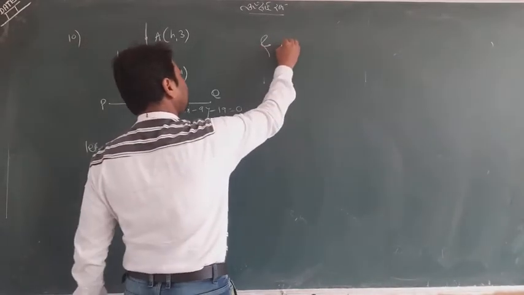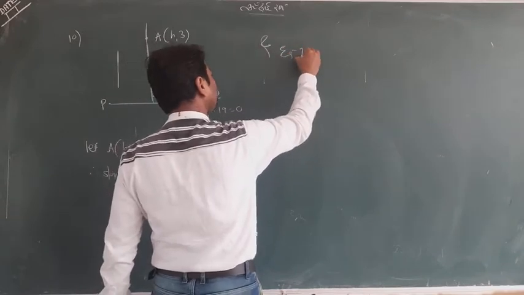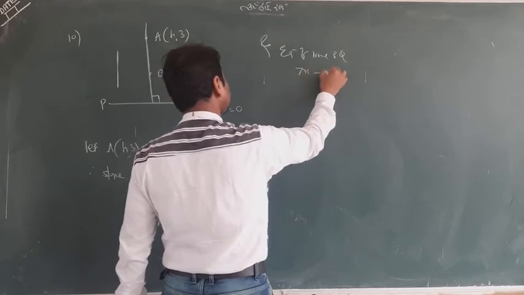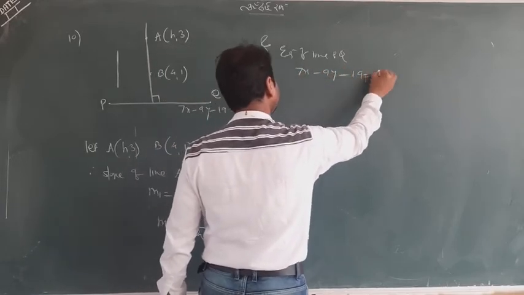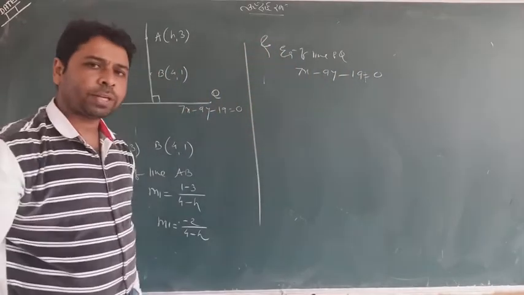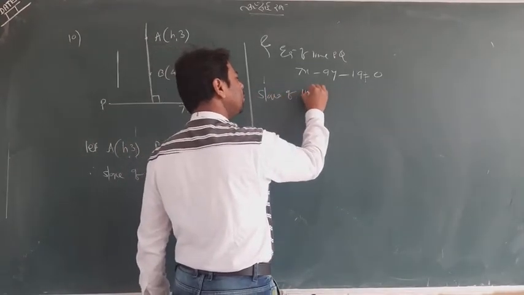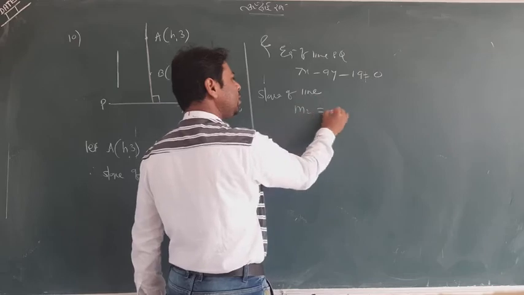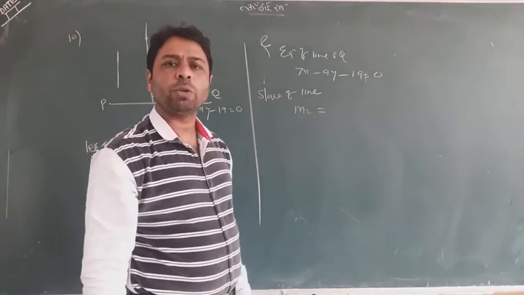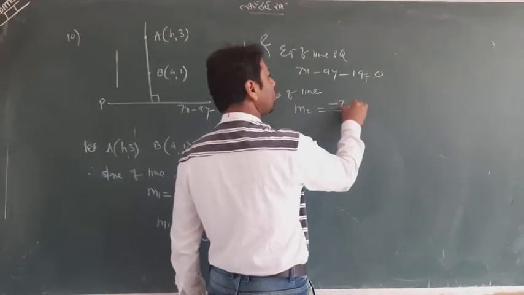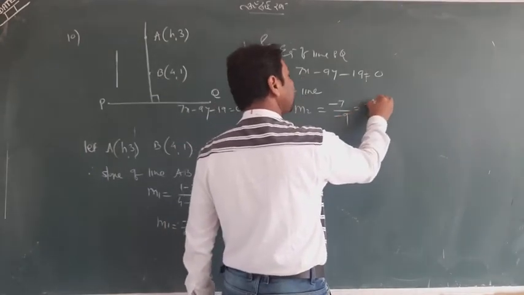And the equation of line PQ is 7x minus 9y minus 19. So can we find the slope here? Slope of the line m2, you know that when a line is given you can find the slope by the trick, minus coefficient of x upon coefficient of y, meaning 7 by 9.